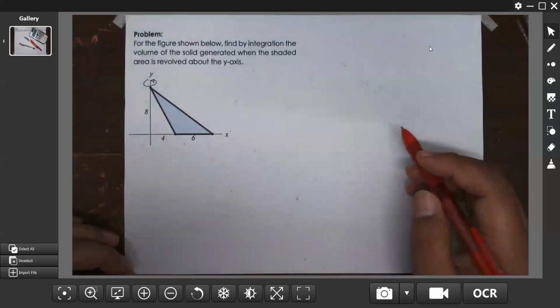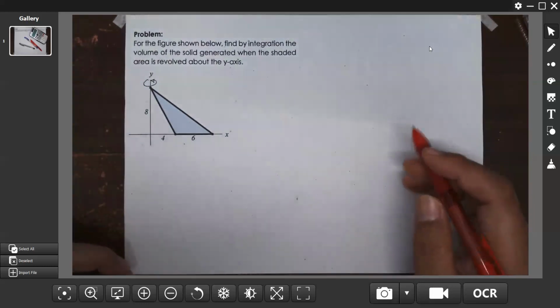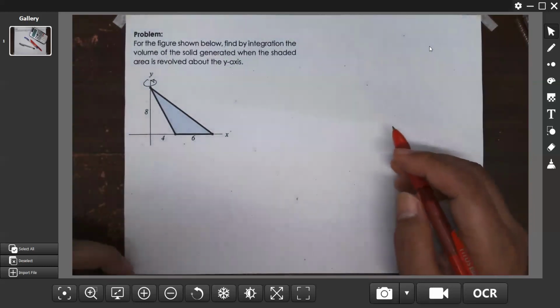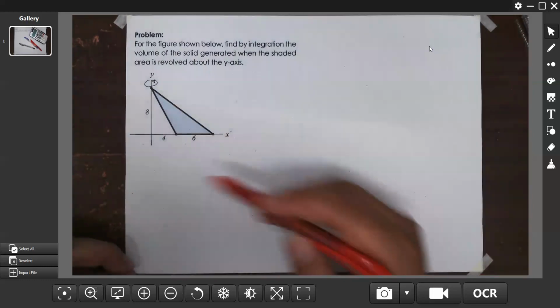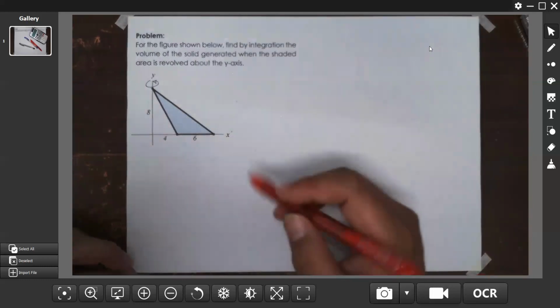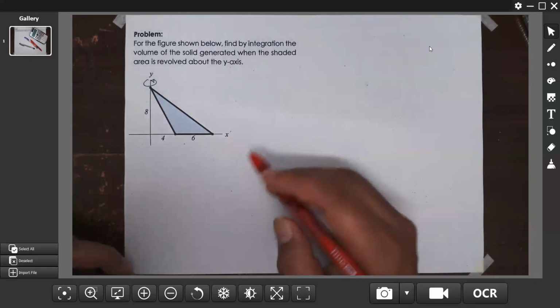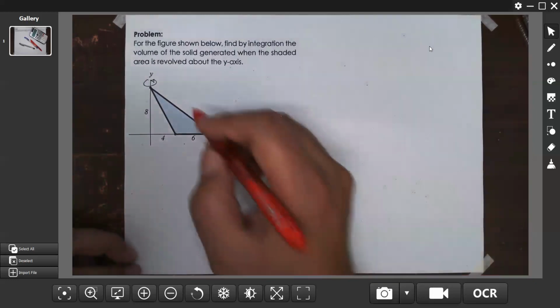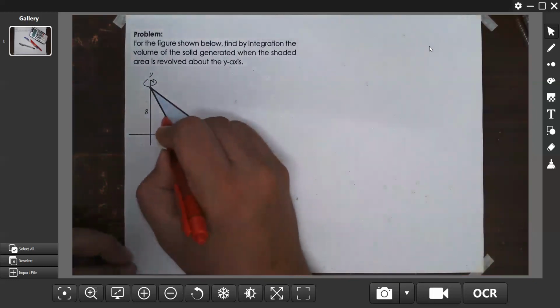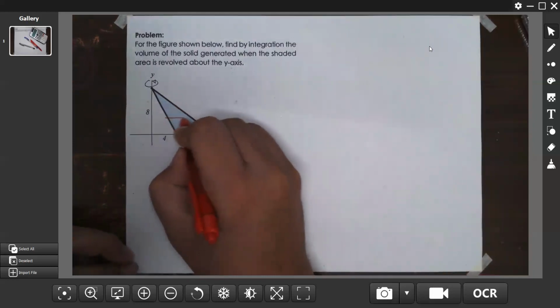If you want to check my answer, you can use the vertical strip and split the area into two, using two vertical rectangular strips. For now, I will use a horizontal strip.